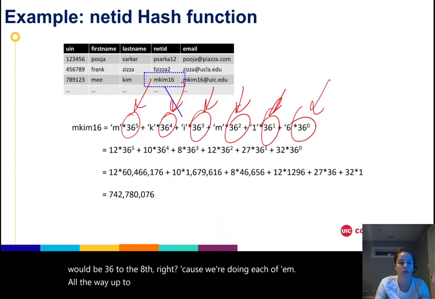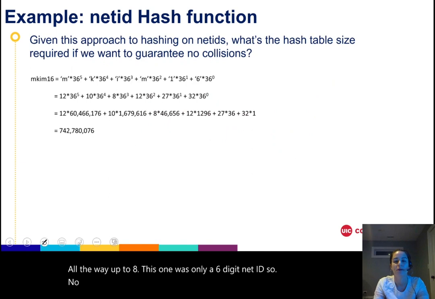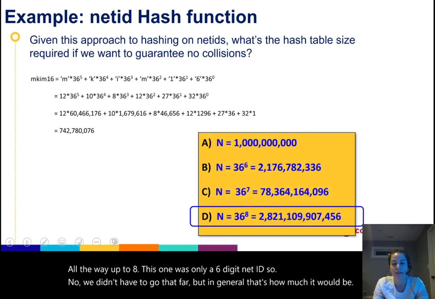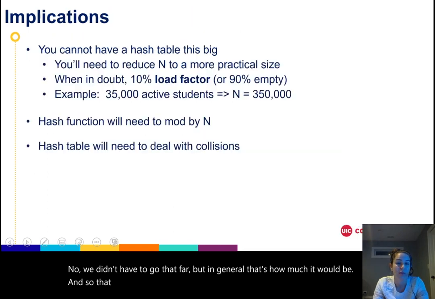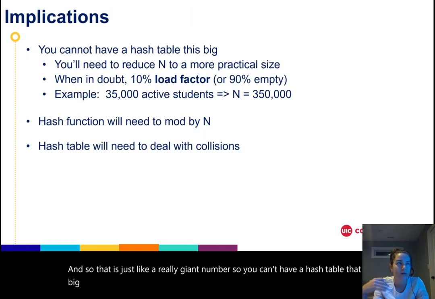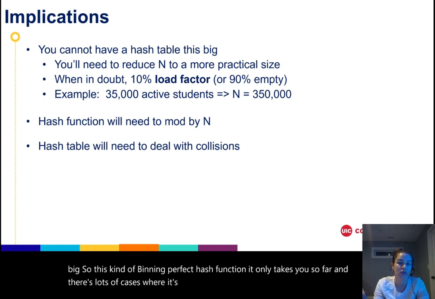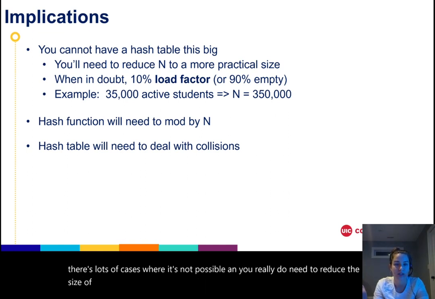This one was only a 6-digit net ID, so we didn't have to go that far, but in general that's how much it would be. And so that is just like a really giant number. So you can't have a hash table that big, so this kind of binning perfect hash function only takes you so far, and there's lots of cases where it's not possible, and you really do need to reduce the size of your array for this to be practical.